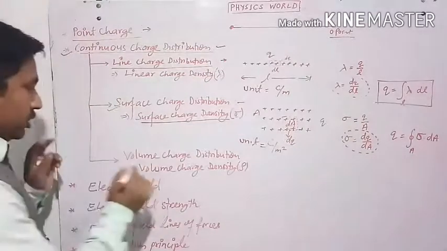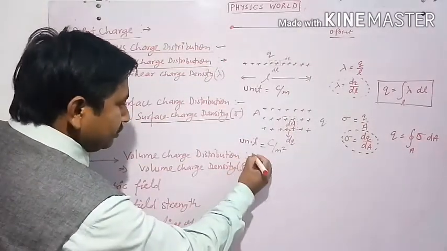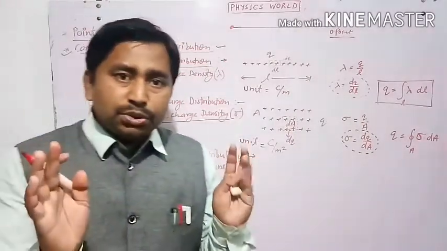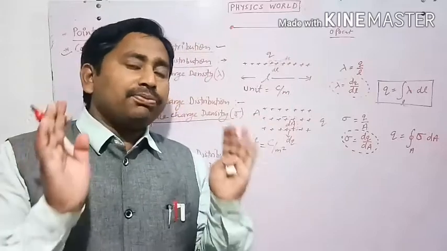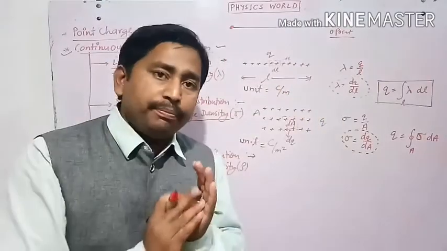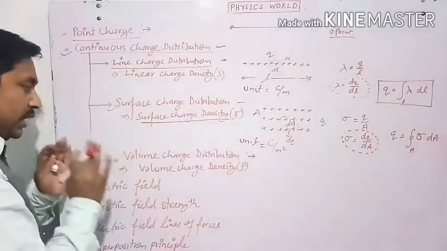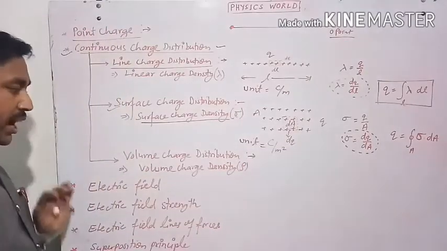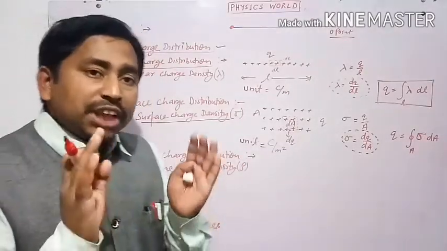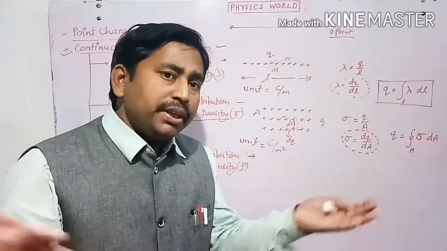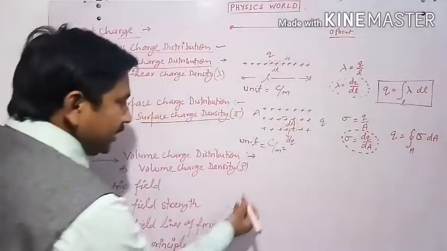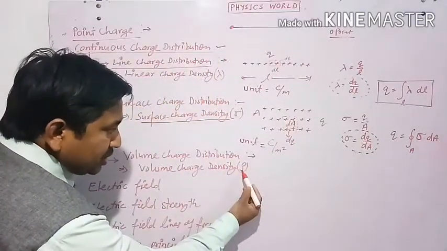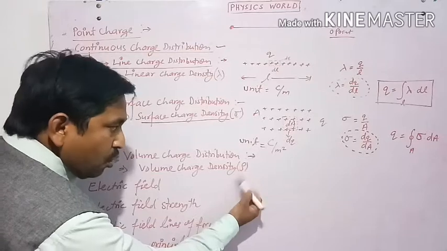Now the volume charge distribution. If the distribution of charges is found over a volume, such type of distribution is known as volume charge distribution, and the charge per unit volume is known as volume charge density. It can be expressed by the symbol rho.